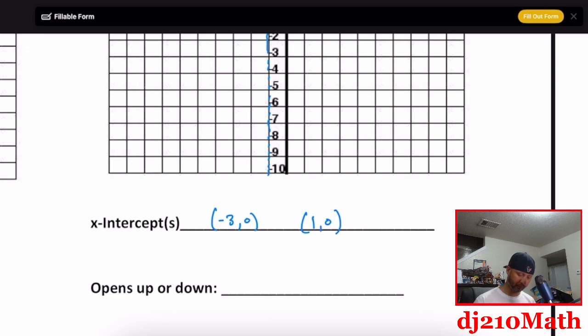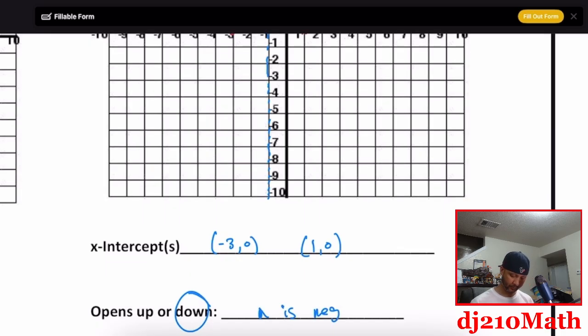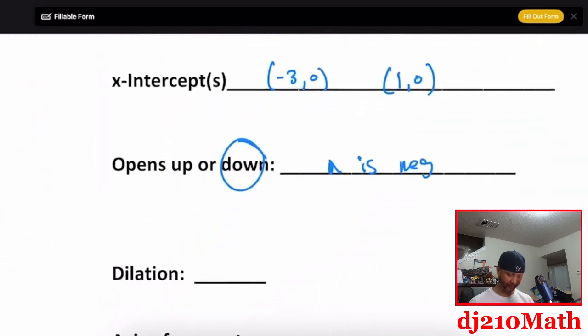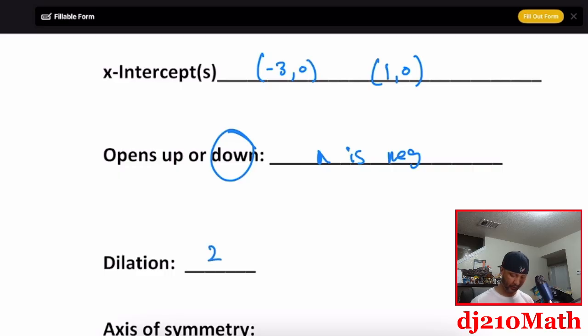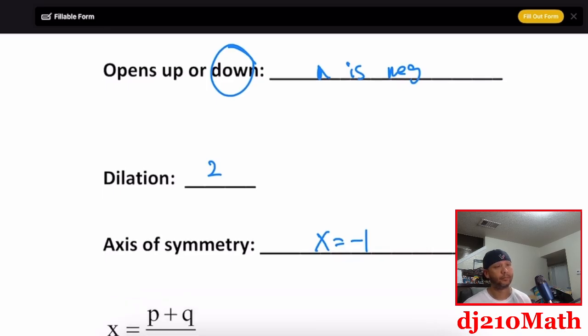Okay, it opens down. A is negative for sure. Dilation was 2, I believe. Yep. 2. And axis of symmetry, x equals -1.